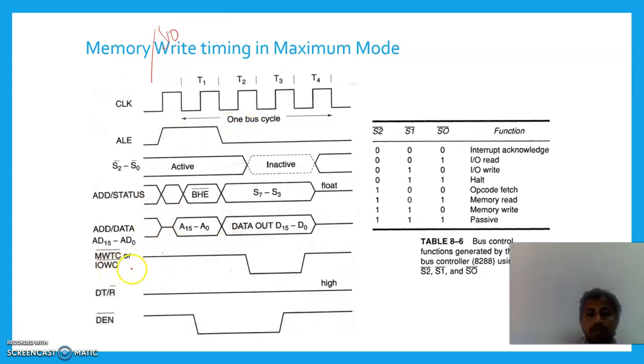When you go for the IO write or memory write timing diagram in maximum mode, the only change is that this one name will be indicated. The remaining part is the same, as in the minimum mode configuration and maximum mode configuration.